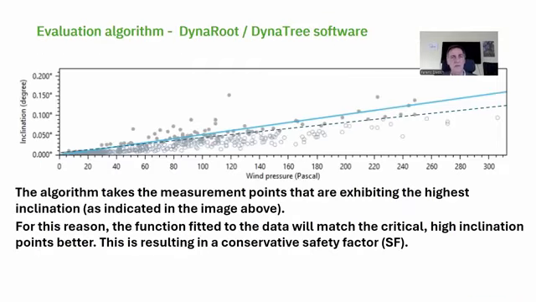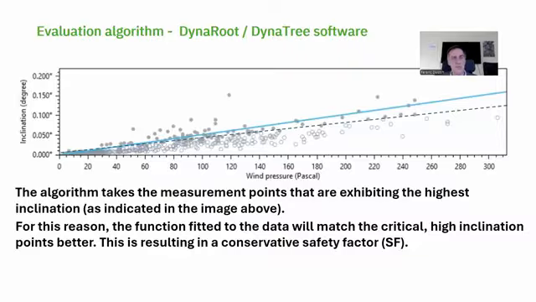So again, how we evaluate the inclinometers. Here you see a number of points. Some of them are open, some of them are full. You see the full dots above the dashed line. It means that we separate the measure points and take into consideration only those showing higher inclination.